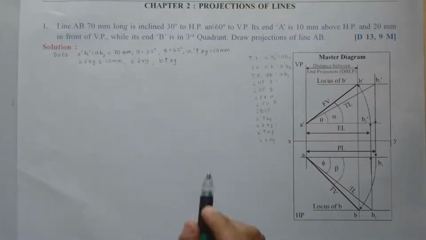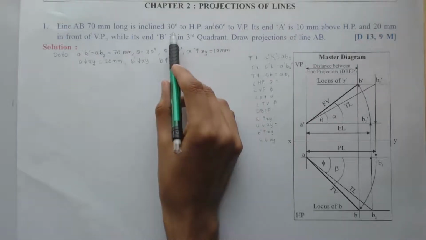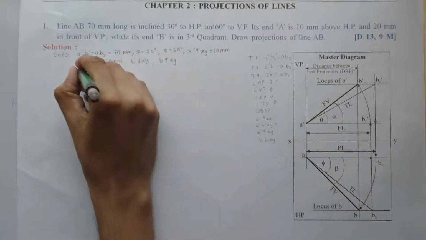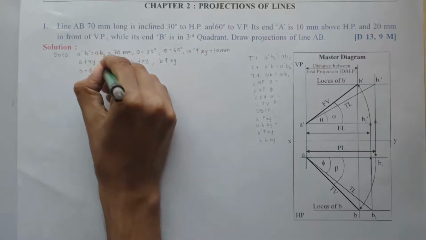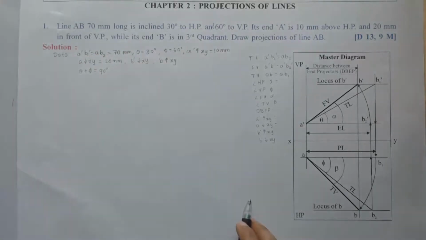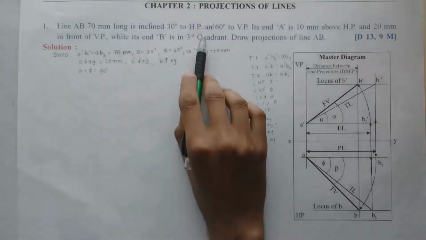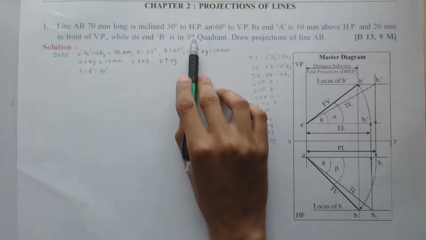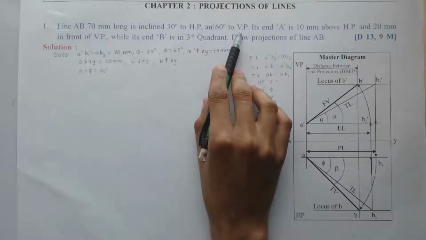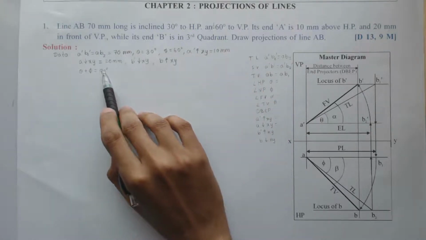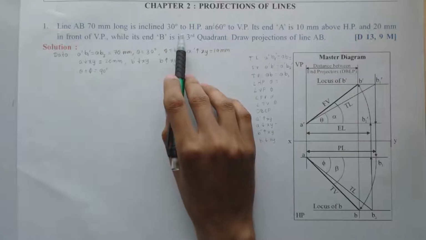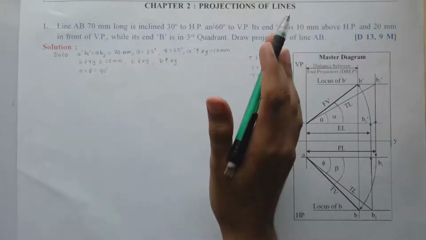But if you see the data here, theta and phi, if I add theta plus phi, it will give me 90 degrees, 30 plus 60. So this is the case where the line is inclined to HP, inclined to VP, but since theta plus phi is 90 degree, it will be line parallel to the third plane, which is PP.